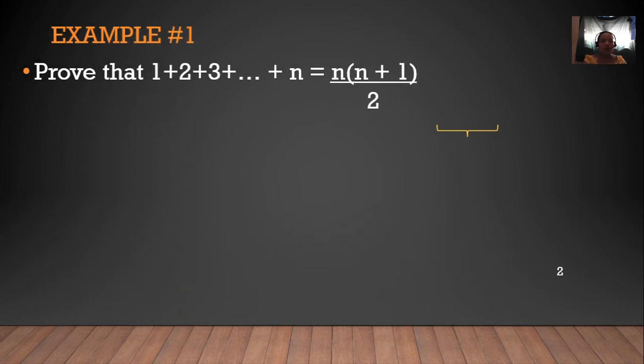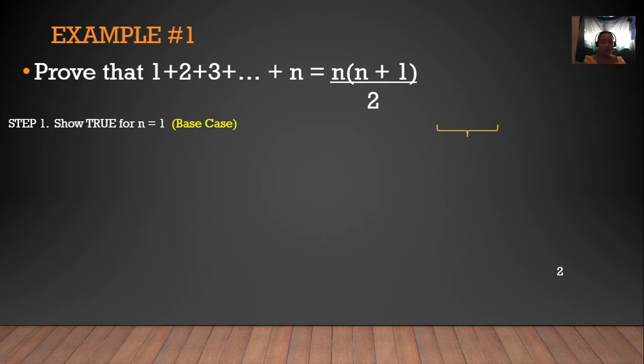Let's start with example number 1. Prove that 1 plus 2 plus 3 plus so on plus n is equal to n times the quantity of n plus 1 over 2. Okay, so for step 1, show true for n is equal to 1. Let's substitute n to 1.